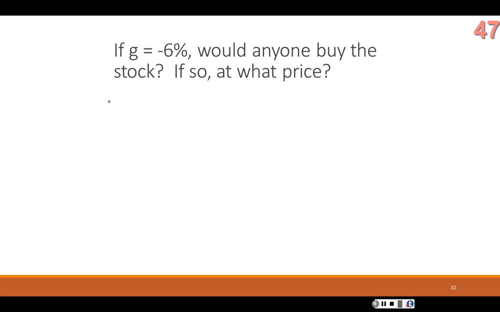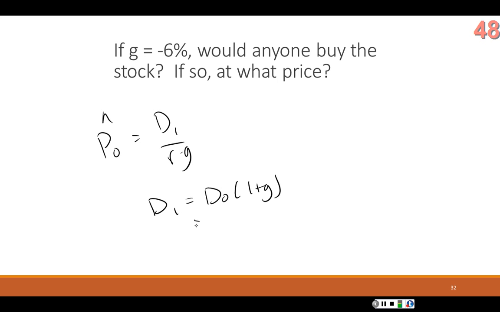Remember that the intrinsic value of the stock, P0, is equal to D1 divided by R minus G. So here we can calculate D1. D1 is equal to D0 times 1 plus the growth rate. Again, we'll continue with the same example. We'll say that they had a dividend of $2 and a required return of 13%.